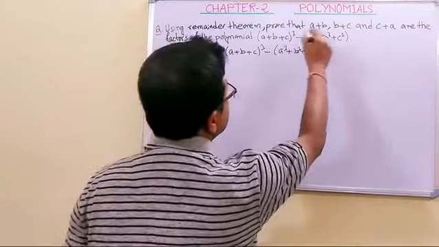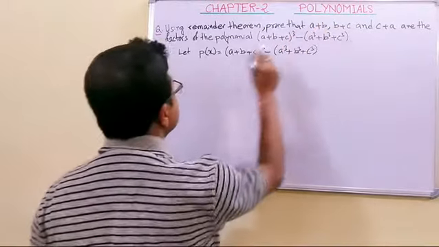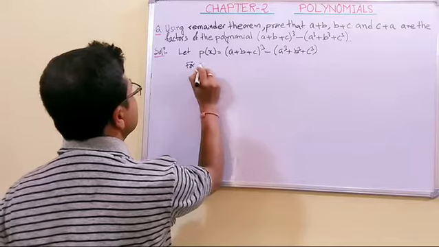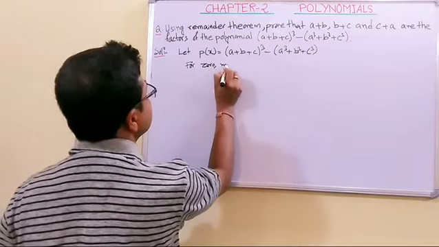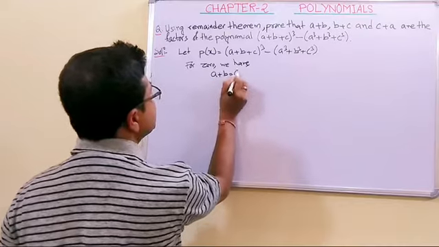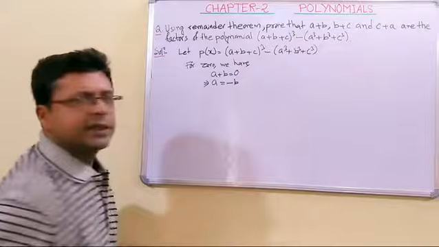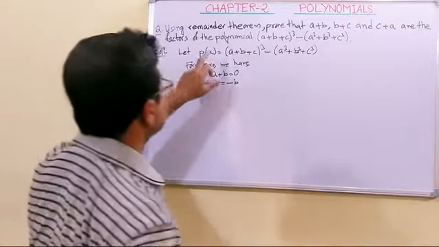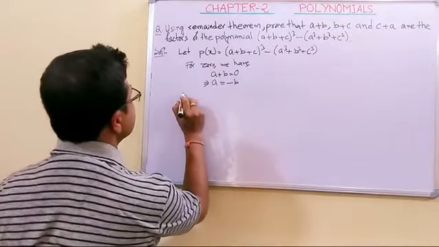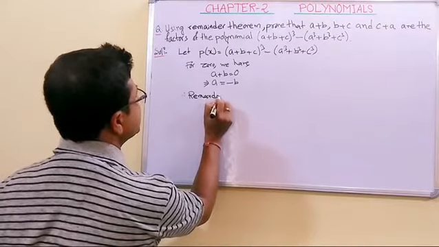Now, by this we have to divide this. So what is the zero of it? For zero we have a plus b equal to 0. So that means in place of a, let us put minus b in this polynomial. So let us find the remainder. The remainder will be how much?